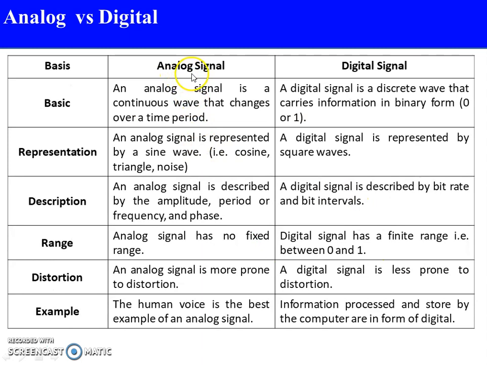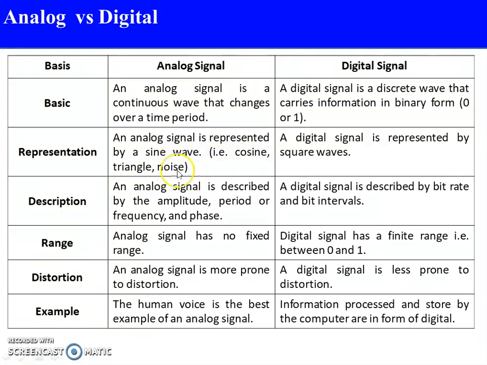This is the basic difference between an analog signal and a digital signal. An analog signal is a continuous wave that changes over a time period, while a digital signal is a discrete wave that carries information in binary form, 0 or 1. In representation, an analog signal is represented by a sine wave, cosine or triangular wave.